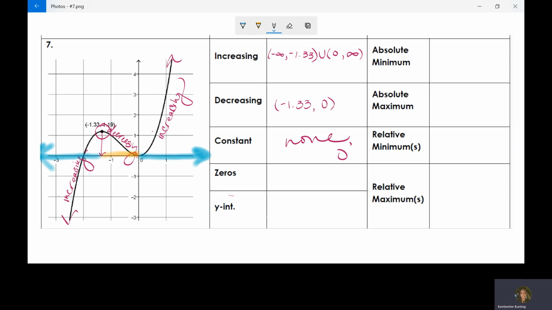All right, so what are my zeros? -2 and 0. I got one more. I got another one, but it ain't -2.